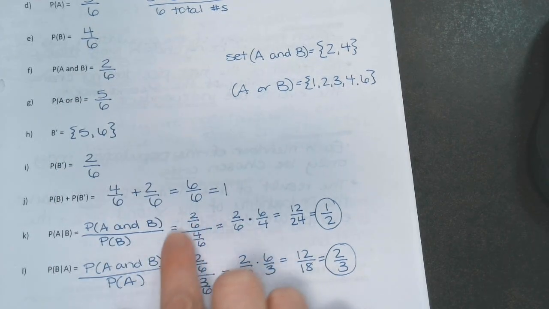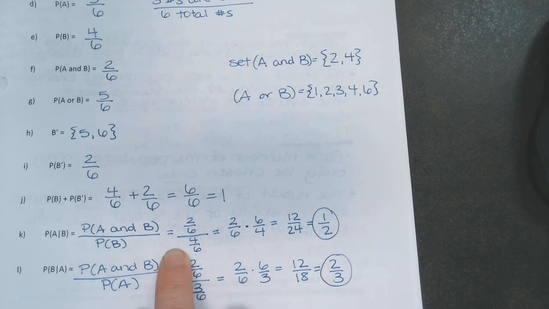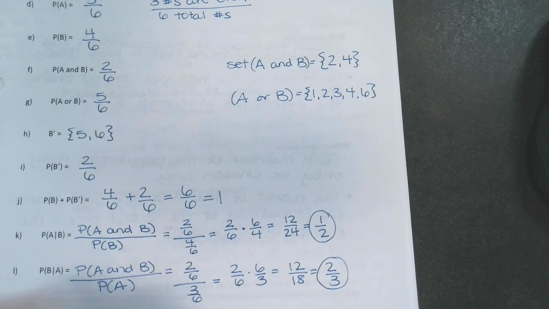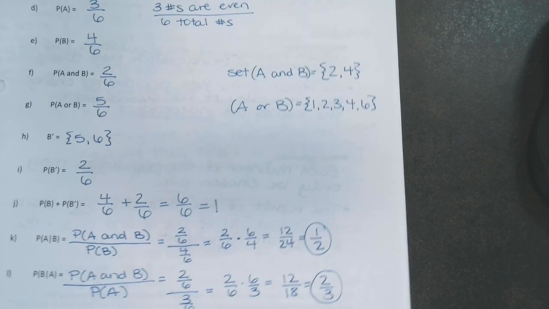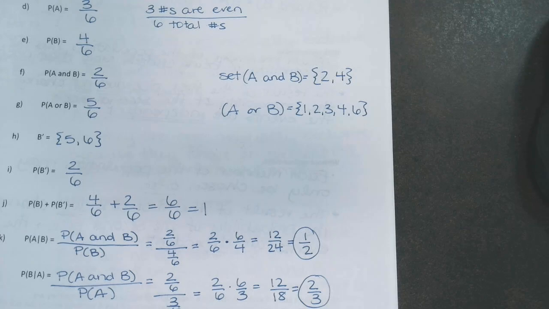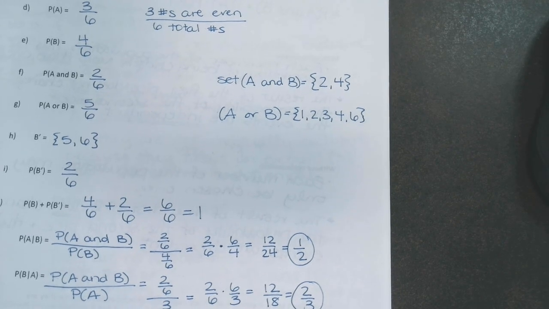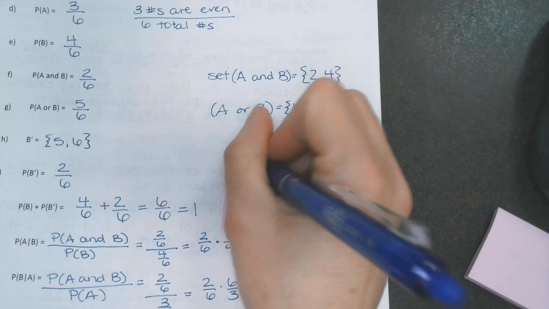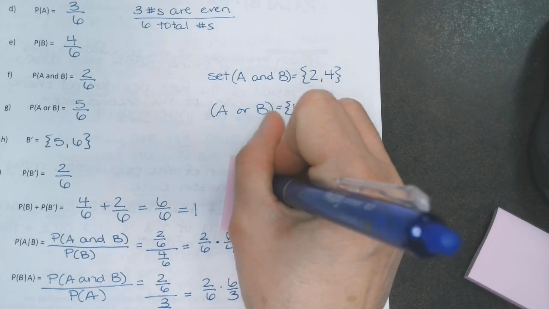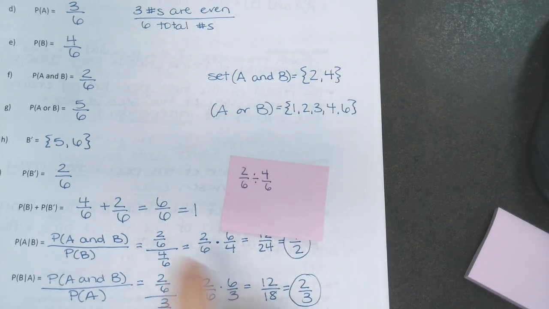Now this may need a little refresher from previous classes. If you remember, when we have a fraction like this with this fraction bar, that fraction bar means to divide. So what I really have here is 2/6 divided by 4/6.